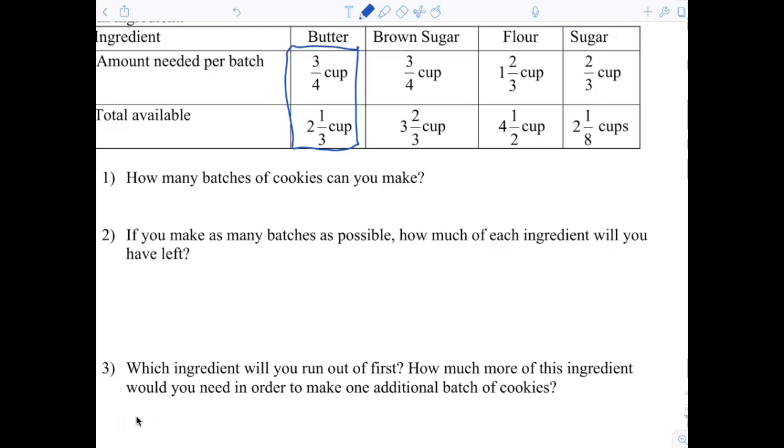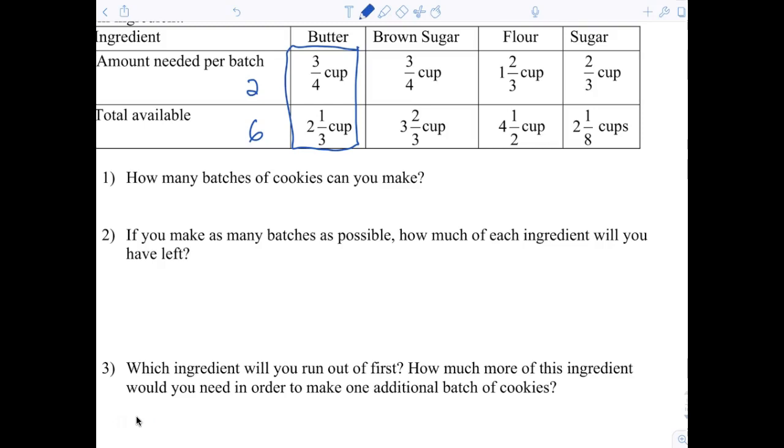Hold up. I'm listening. There you go. Listen to what he's saying. It is correct. For example, and this is what I want you to try to think about. Let's say it required 2 cups and you have 6. How many batches could you make? Easily, 3. Now the question is, how did I get 3?